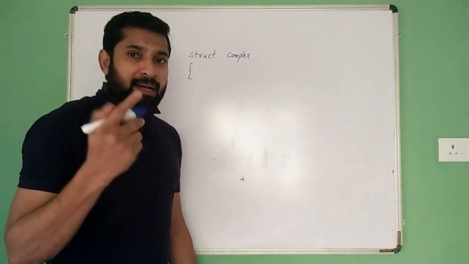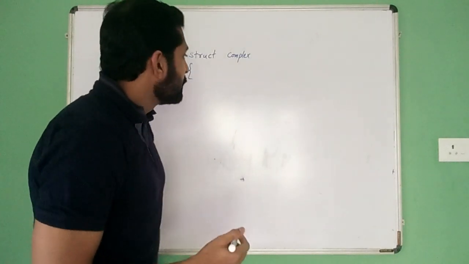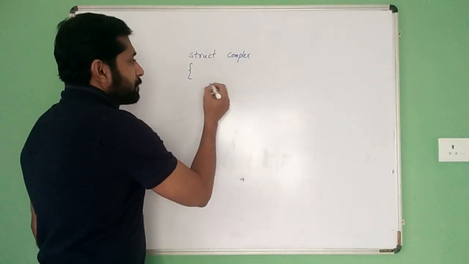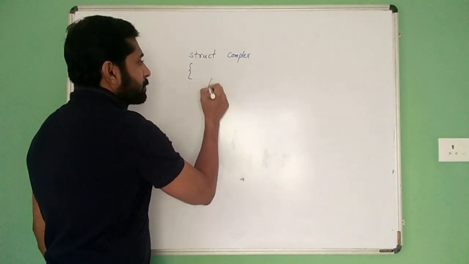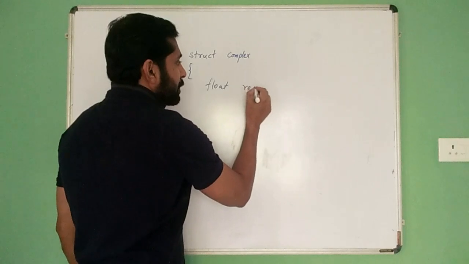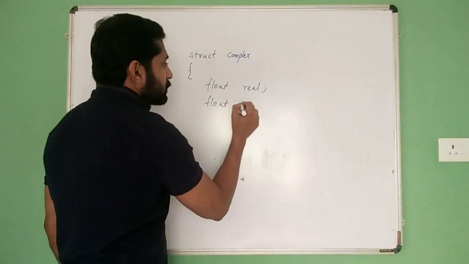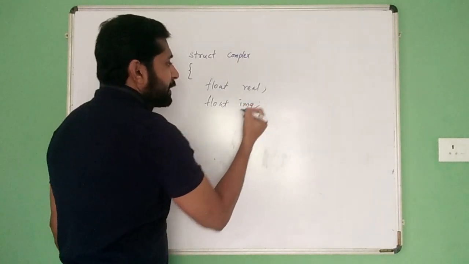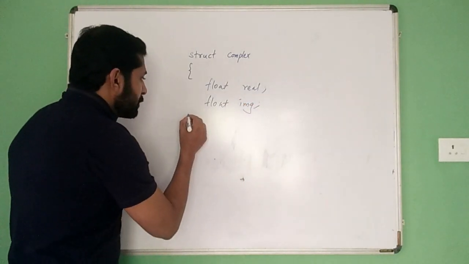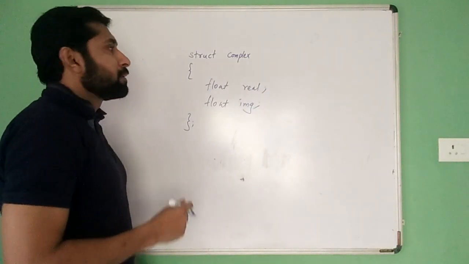We know a complex number has two parts, real part and imaginary part. For representing that, we are using two variables, float real, float img, then closing the curly braces and putting the semicolon.